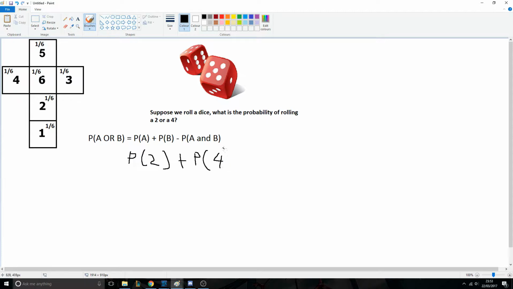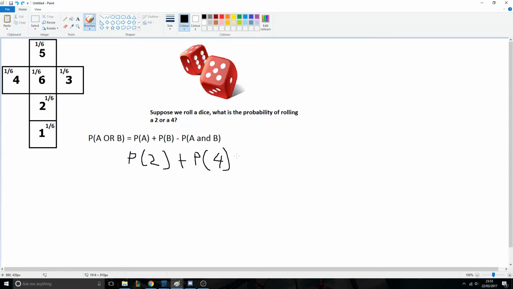We can ignore this part because this problem is mutually exclusive, which means that basically we can't roll a 2 and a 4 at the same time because we only have one die, and that's impossible.